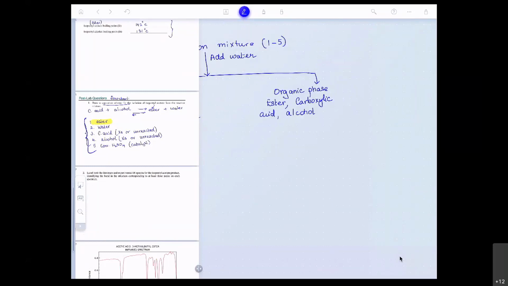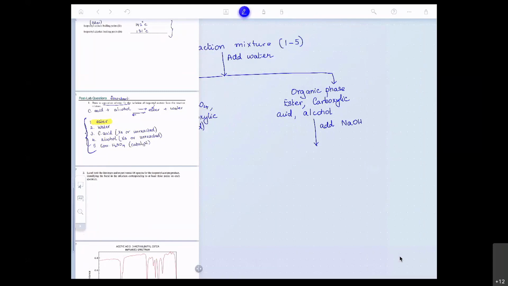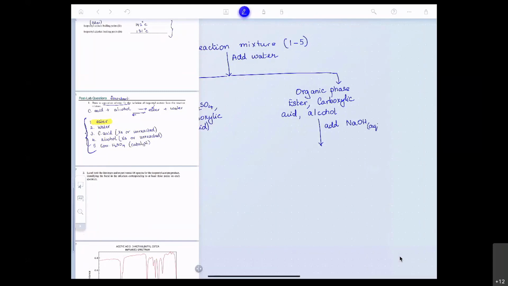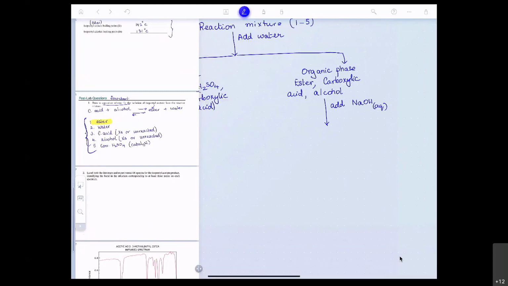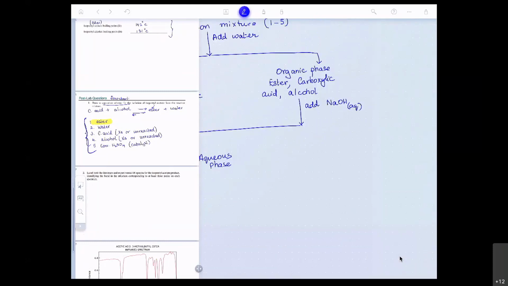Now we move to the organic phase. What I do here is add sodium hydroxide. I'm not even specifying the concentrations or anything. It's a very qualitative flow diagram, if you want. So this is going to give us an aqueous phase and an organic phase.